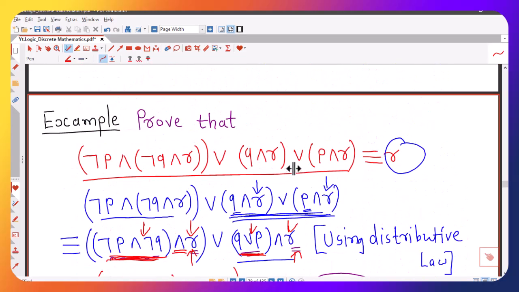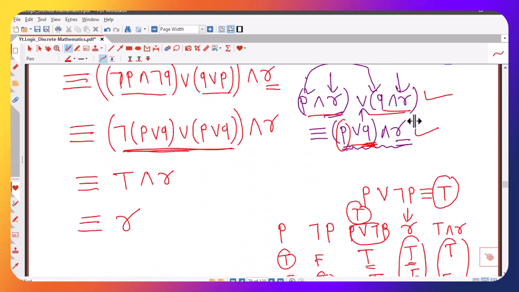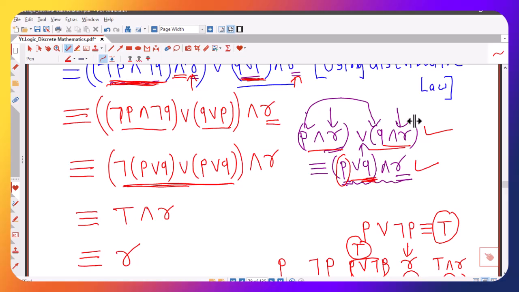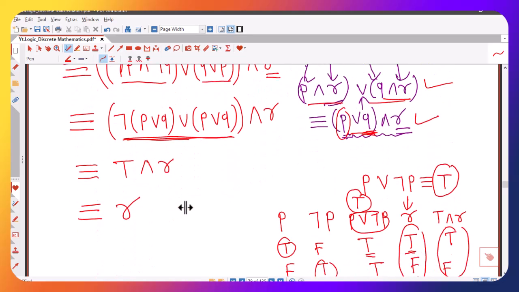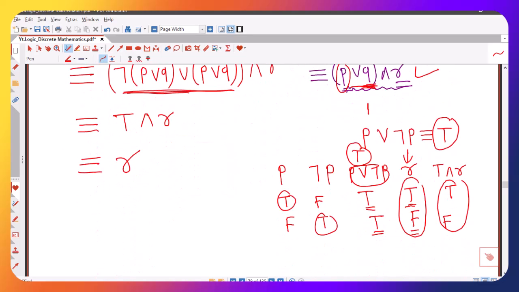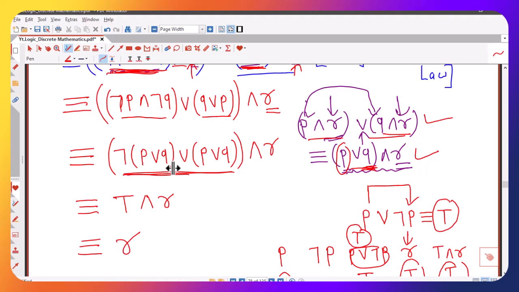So now we have proved that this is logically equivalent to propositional variable R, and we have used many logical laws here. We have used distributive law, we have used commutative property, we have used this property, P or negation P is equivalent to T, and we have used De Morgan's law also.